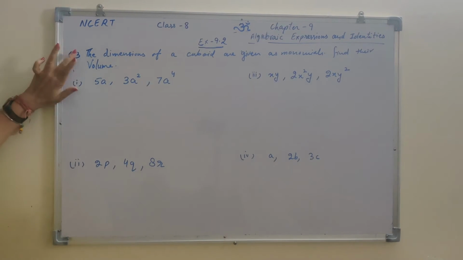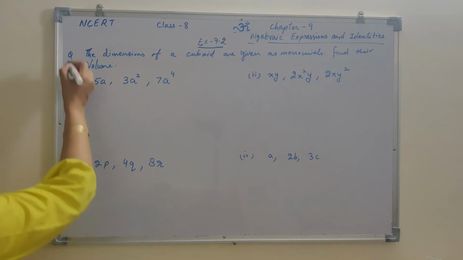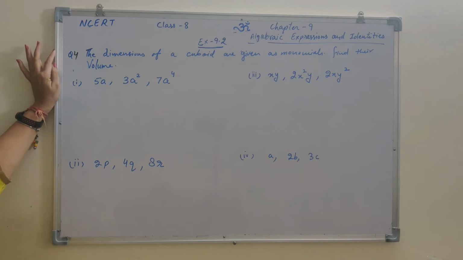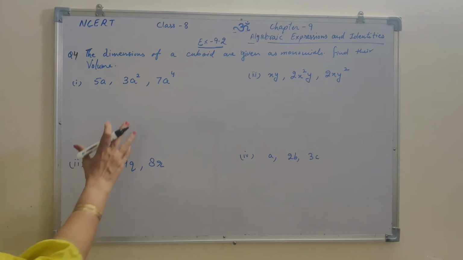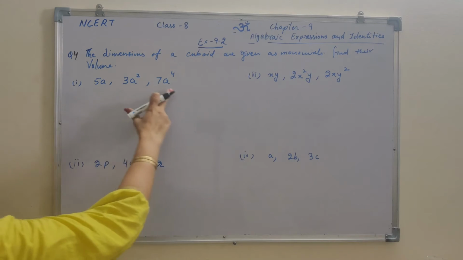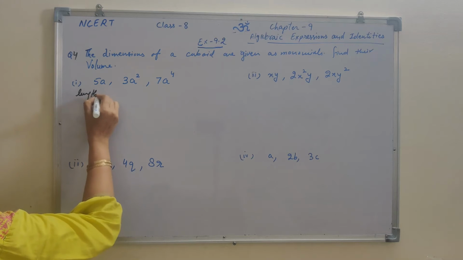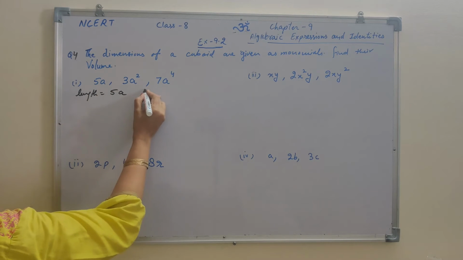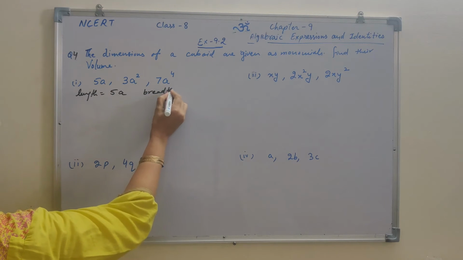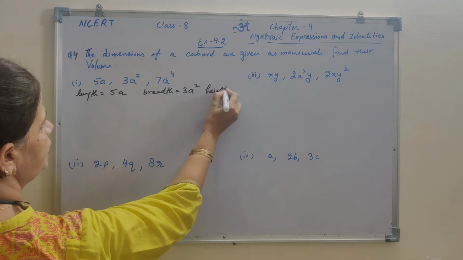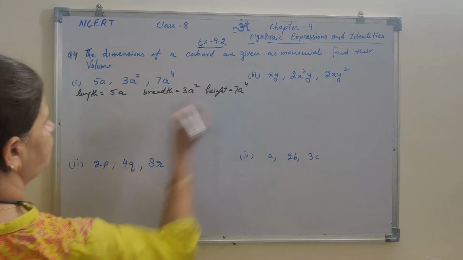Question number 3, sorry, this is question number 4 basically. The dimensions of a cuboid are given and we have to find the volume. You know that volume means length into breadth into height. And here the length is 5a, the breadth is 3a square and the height is 7a power 4.